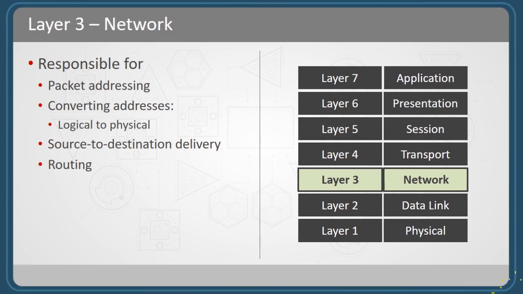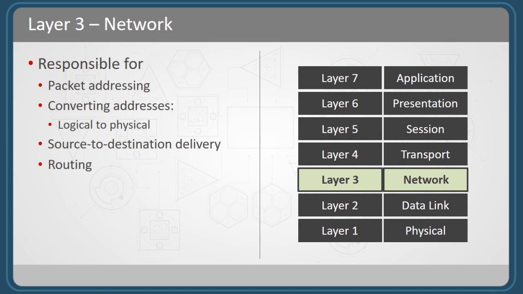You can find the exact same address in one network as you might in another, but it's because they are separated. They are different networks that you can reuse those same IP addresses over and over again. So again, logical addresses are a little more flexible. They're reusable and they can be changed. Physical cannot. They will always remain the same.